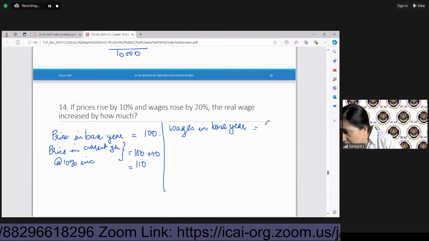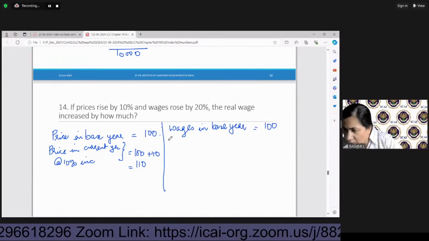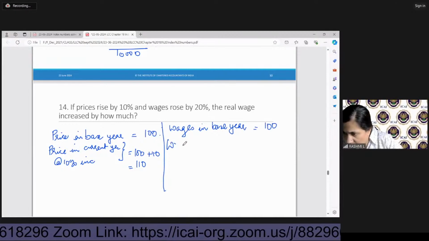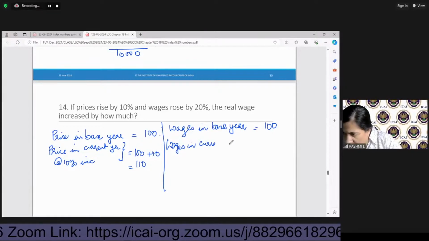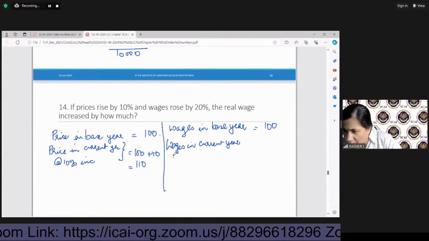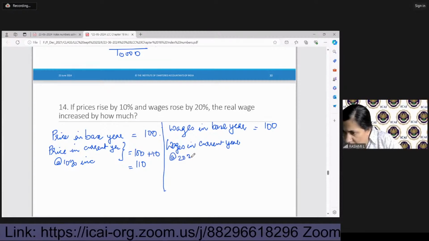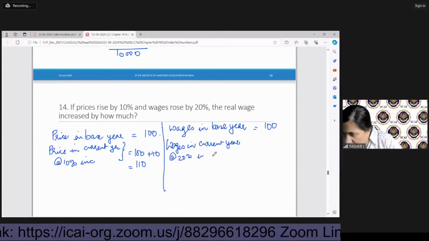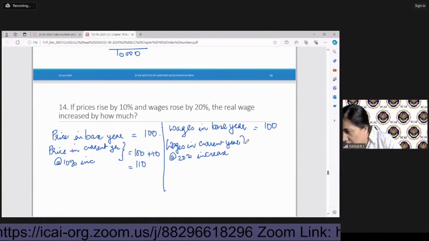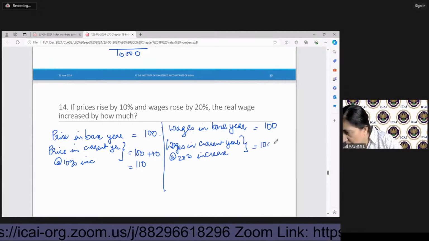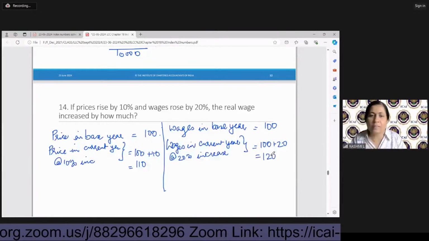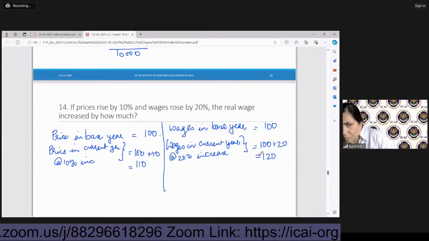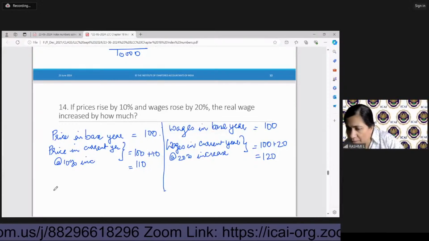Now wages. Wages in base year is equal to 100. Wages in current year at the rate of 20% increase is equal to 100 plus 20, which is equal to 120. Now, what will be the real wage rise?